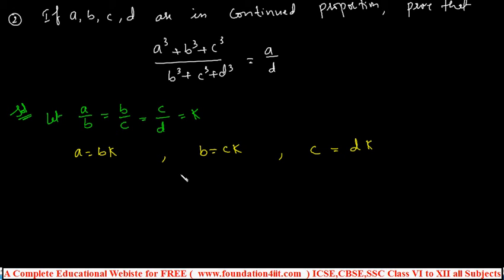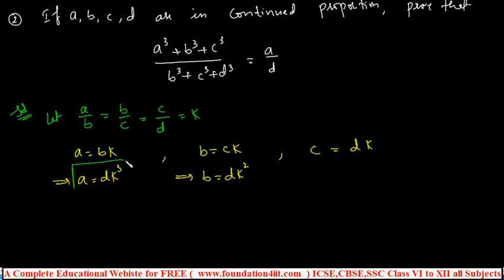Then from this, B is equal to C into K, but C is DK, right? So C is DK, only K is there, so K square. And from this, A is equal to B into K, but B is DK square, so K cube it is.